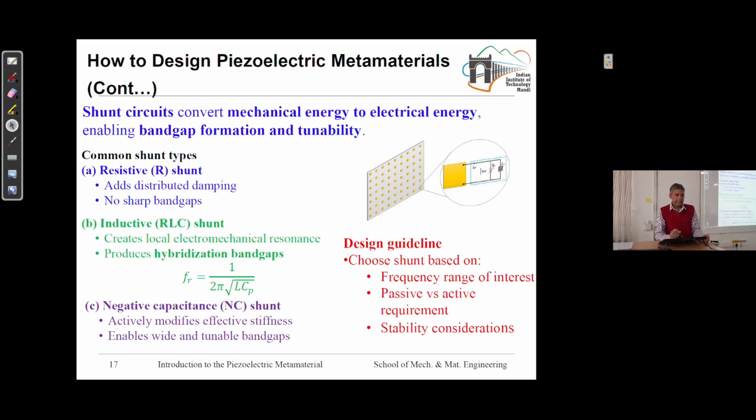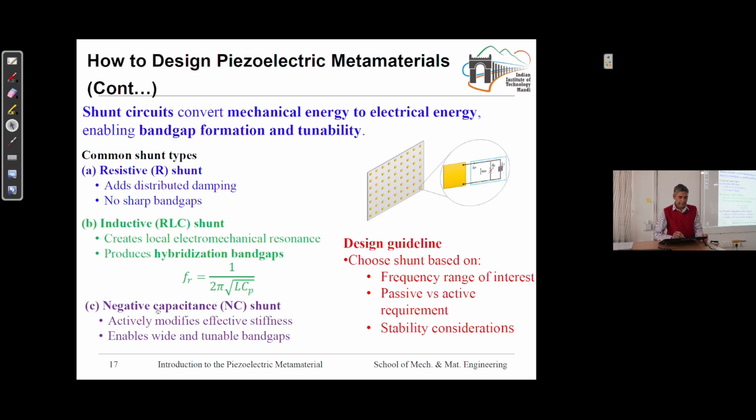Then the designing of shunt. We have RLC, right? Sometimes we have only resistance, we do not have L. In this case there are no sharp band gaps, it is just used to damp the vibrations. Inductive RLC has very well known equations.